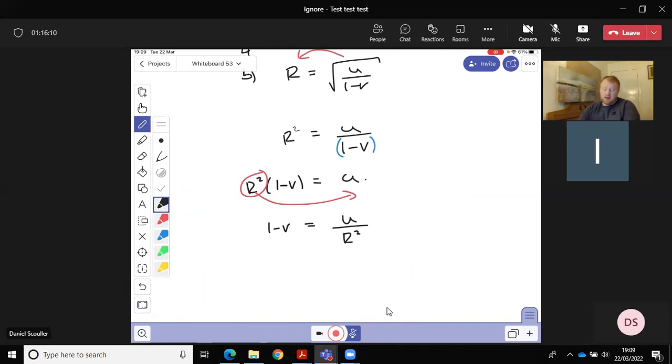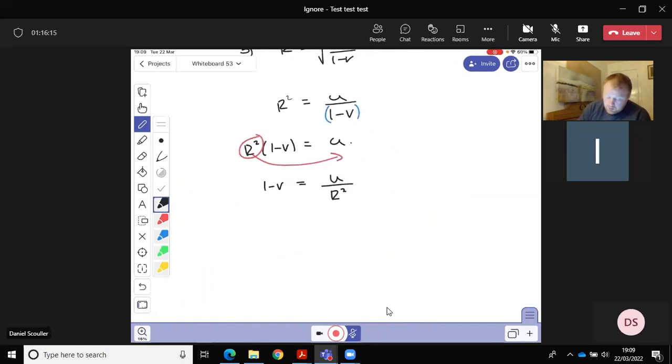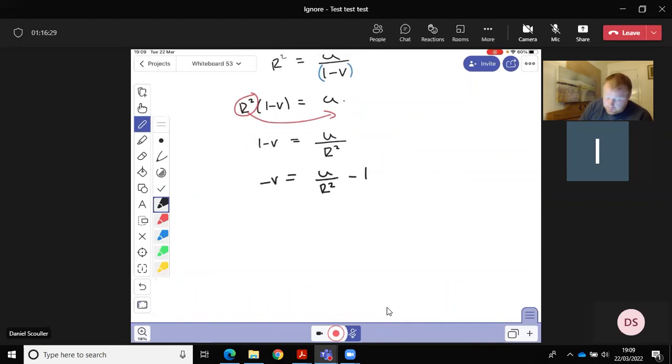There's a couple of next steps we can do here. We can either run with it, bring that 1 across, turn it into a negative, and then our next step would be taking that negative 1 over here.